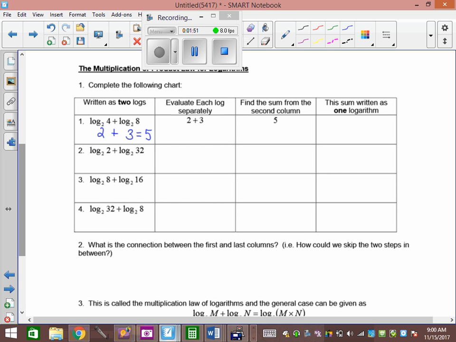Log base 2 of what? 32. So what am I doing when I'm adding logs with the same base? You're multiplying. So you're actually going log base 2 of 4 times 8, which is log base 2 of 32. Does that make sense?